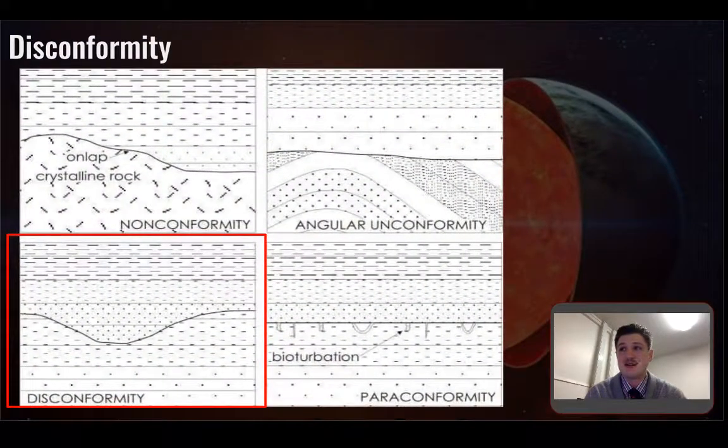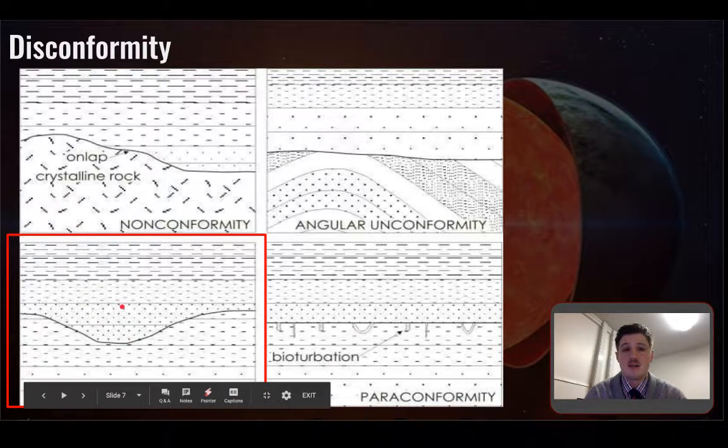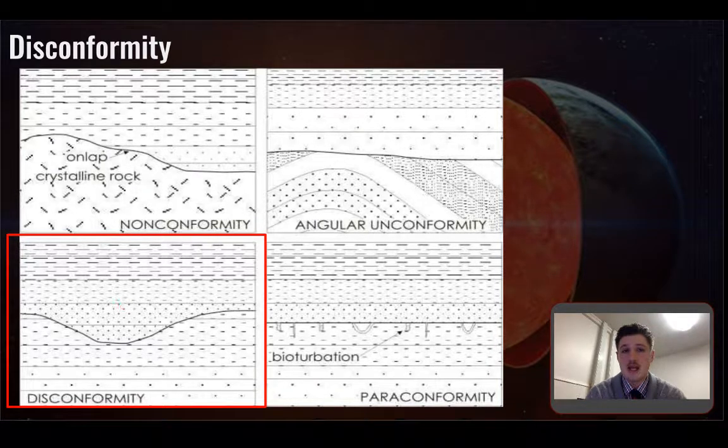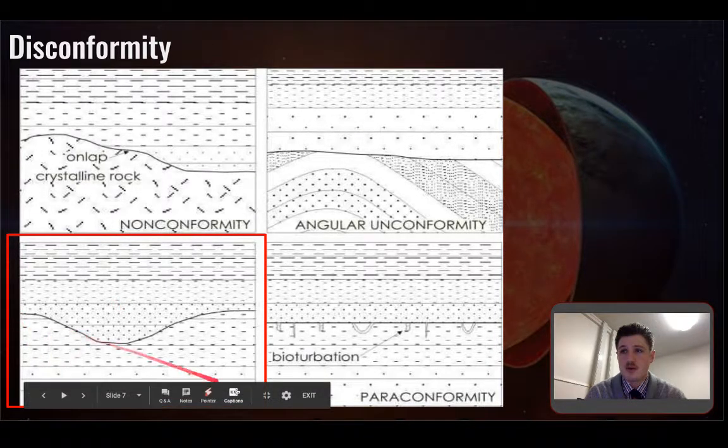Next we've got disconformity. Now disconformity is this one down here, and in this one we can clearly see that the sedimentary rocks were lifted and eroded again here on either side, and the new layers were added on top, but all the layers are parallel.